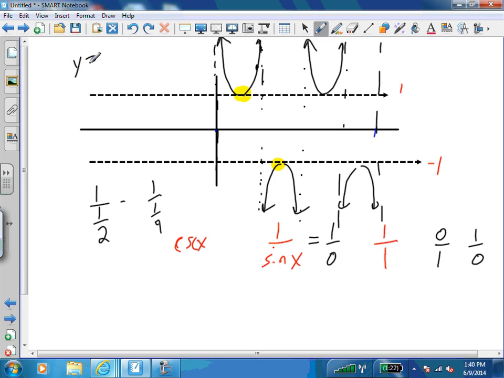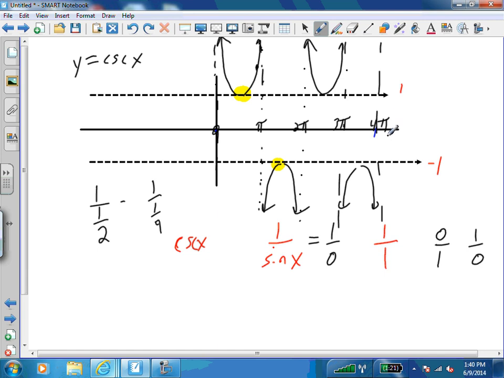So for just your basic cosecant, your domain, well, the only numbers you can't use for your domain are anything that makes sine 0, which is 0, pi, 2 pi, 3 pi, 4 pi, and so forth.